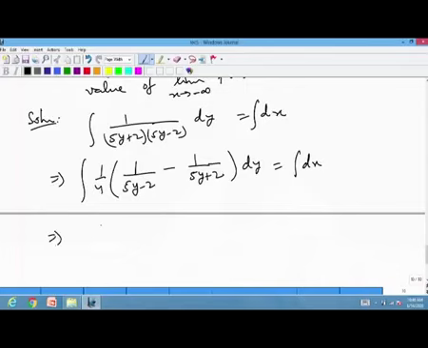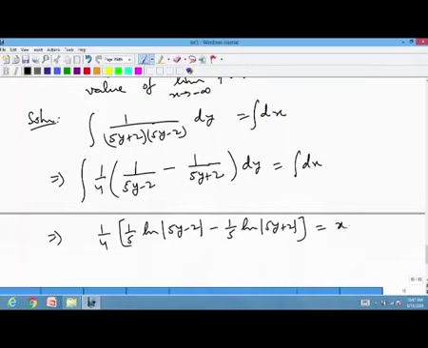So, this gives 1 by 4. The integral of 1 by 5 y minus 2 will give 1 by 5 times natural log of mod 5 y minus 2 minus this is 1 by 5 natural log of mod 5 y plus 2 is equal to x plus c.